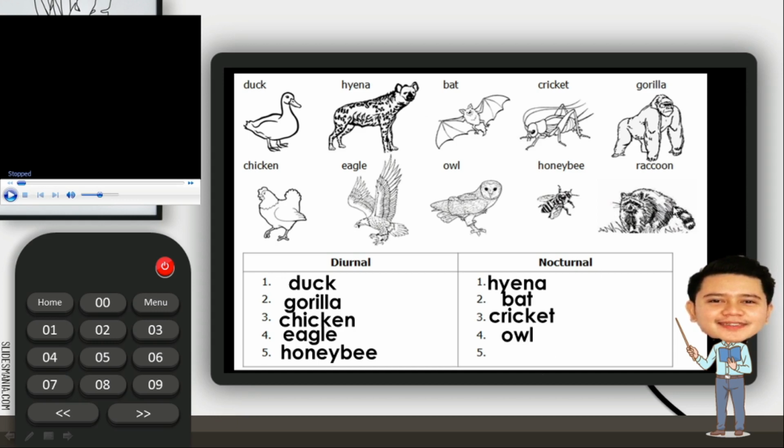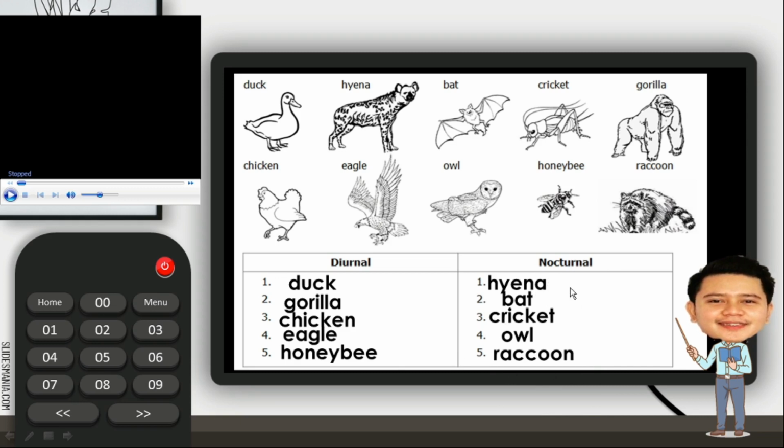And of course, raccoon is an example of a nocturnal animal. So once again, let us read all the diurnal animals. We have the duck, gorilla, chicken, eagle, and honeybee.